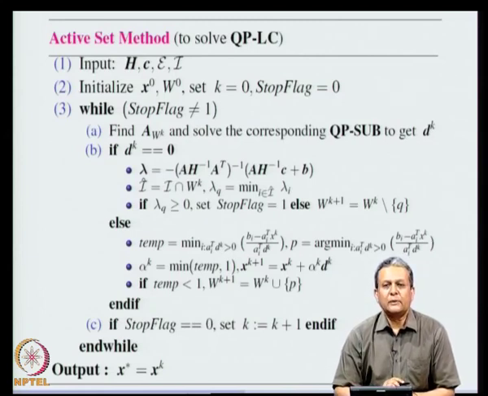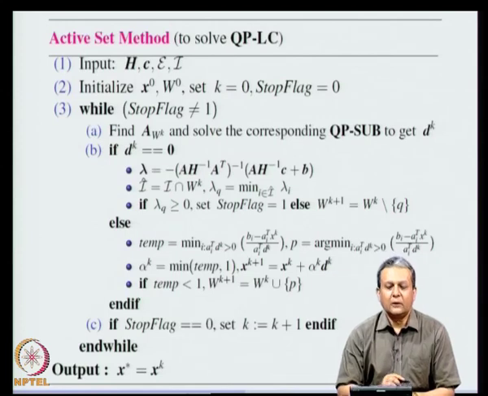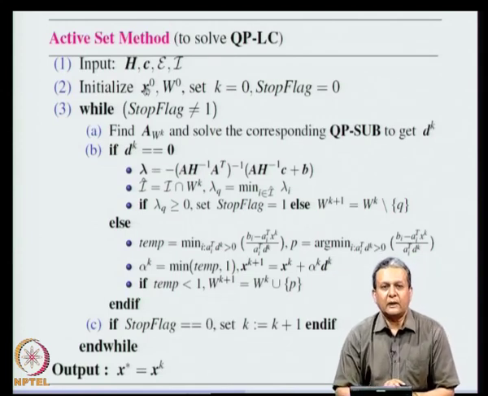This feasible point can be obtained by using phase 1 of the simplex method, because we have the set of equality and inequality constraints. Those can be written in the form of equality constraints by adding slack or surplus variables and artificial variables, and an artificial linear program is solved to get an initial point x0.